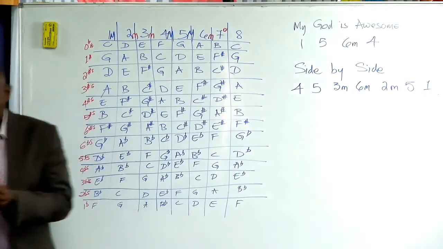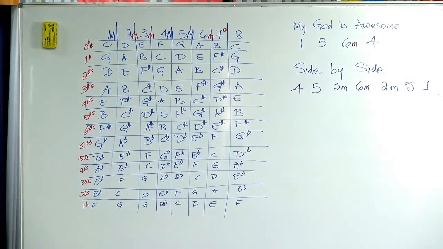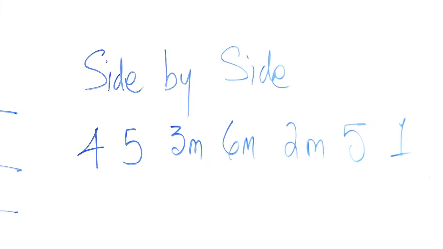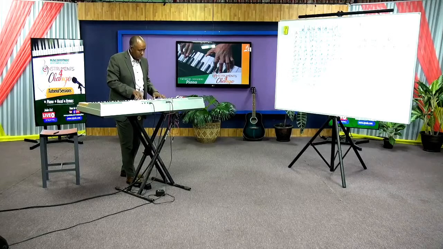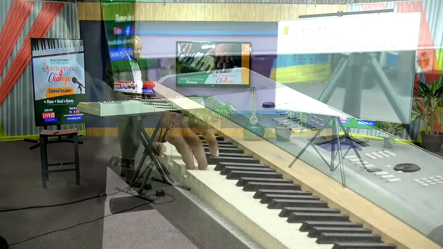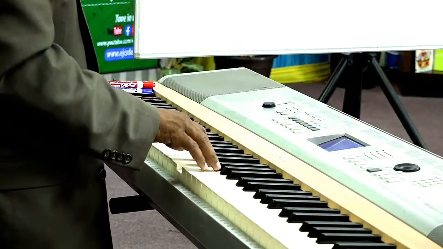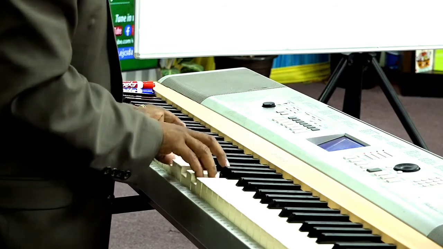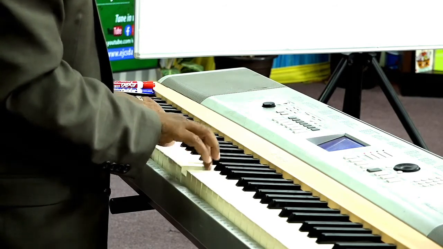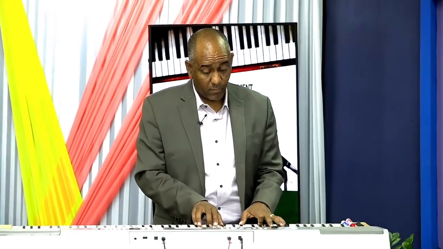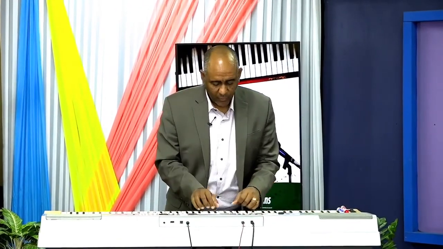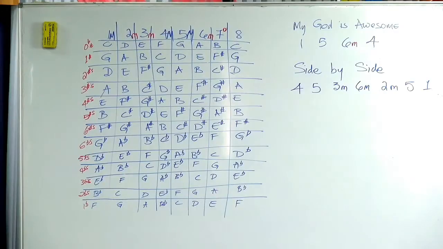Now, so for side by side in the key of C, we'll have 4, 5, 3, which is a minor, 6, which you already know is a minor, 2, another minor, 5, 1.